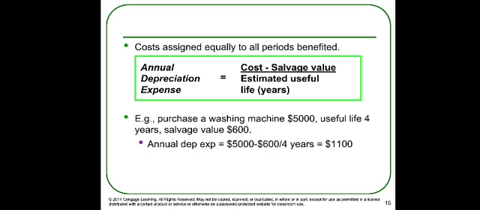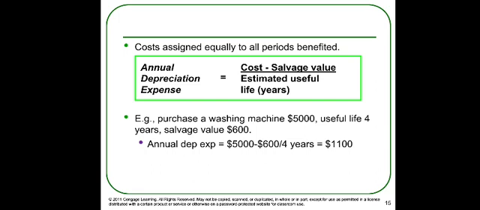If you want to calculate the depreciation for year 1, the way to calculate the amount is like this. You use the formula. The cost is 5,000, the salvage value 600, so 5,000 minus 600, divided by the useful life, so divided by 4 years. So every year the depreciation is $1,100.